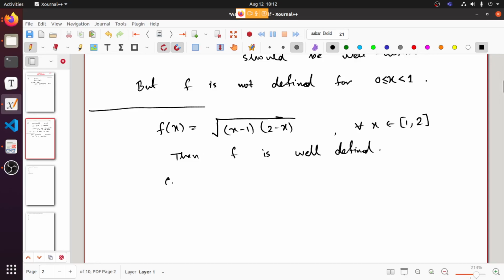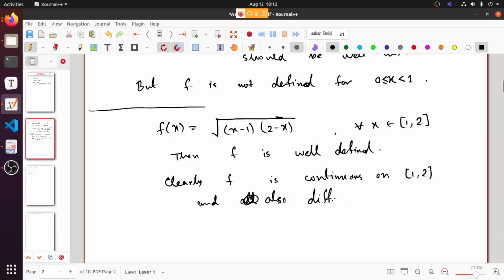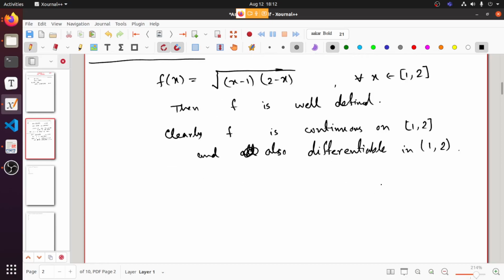So clearly f is continuous on 1, 2 and also differentiable in the open interval 1, 2, right? Because we only need it in the open interval, not at the end points, for Rolle's theorem.